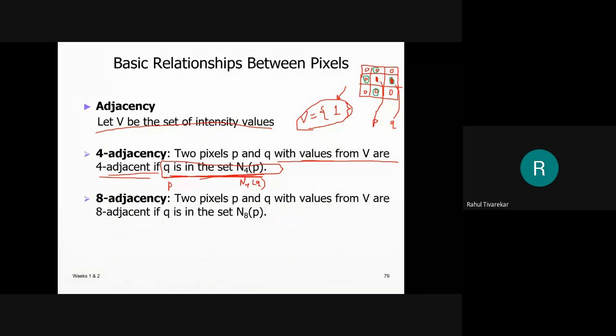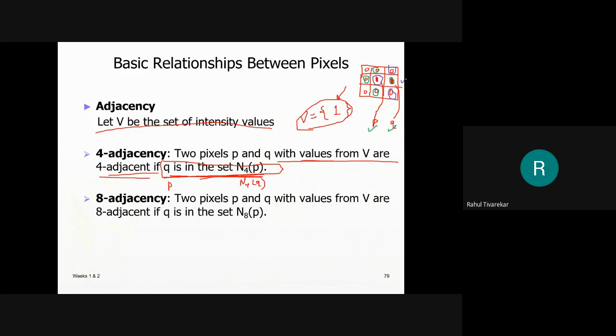So for this pixel P, a 4 neighbor is pixel Q. Can I say that one of the 4 neighbors is pixel Q? Yes. And similarly, if I mark all the 4 neighbors of the other pixel, that is Q, then the 4 neighbors of Q are this, this, and one pixel that may be here, which is not shown, or maybe is not available in the image.